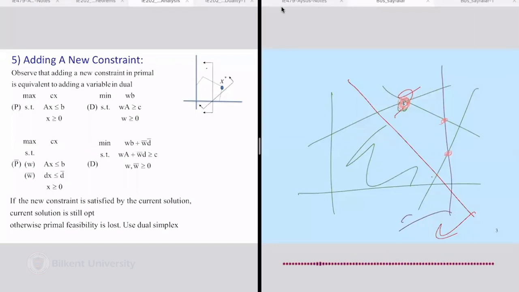But you know what? Before the purple constraint, those points were already feasible, but my current optimal solution beat them anyway. I mean, these points were already feasible in my original problem, but I didn't declare them as optimal. I declared this one as optimal. So once I put another constraint in, if my current solution is feasible, it will remain optimal because it was optimal in the previous case, which had a larger feasible region.